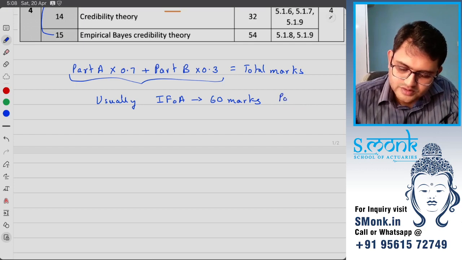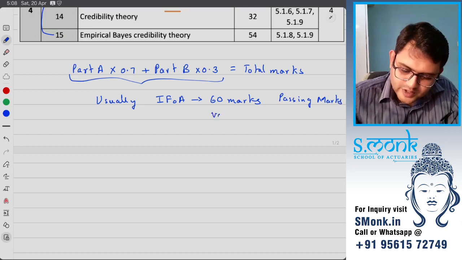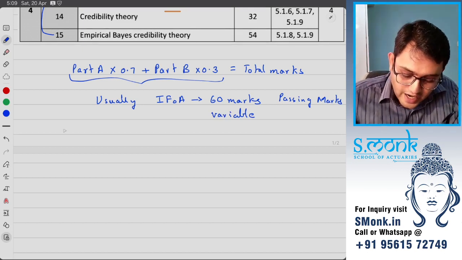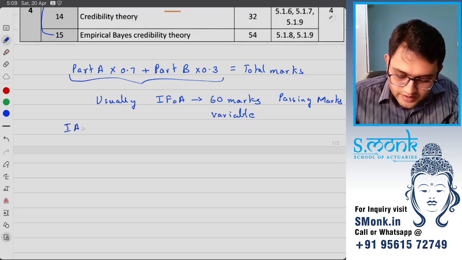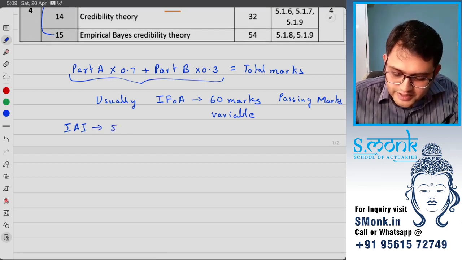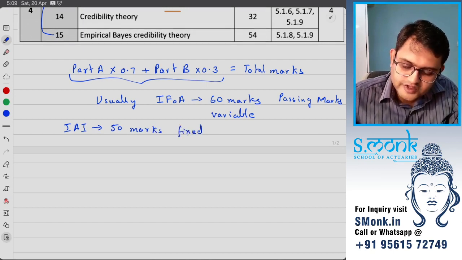It's variable, so it may vary. It's not always fixed. Now, when it comes to IAI, if you are giving examination from the Indian Institute, the passing mark is 50. Fixed. It will always be 50.